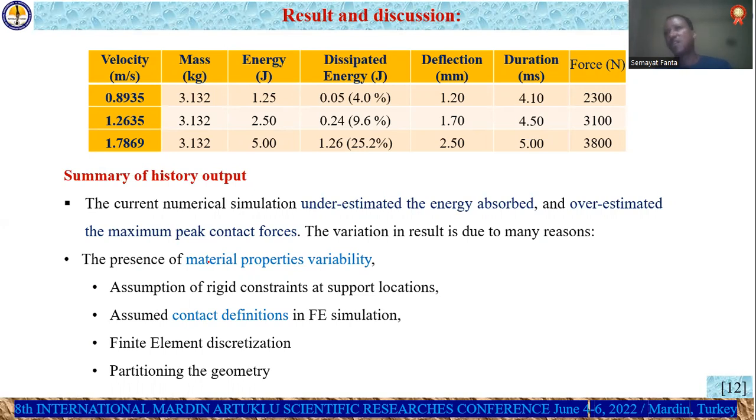We used the general contact algorithm, but it particularly needs different contact conditions, especially in the thin lamina and thin interface, so it needs a different contact mechanism. The finite element discretization and the partition of geometry for mesh refinement purposes is another cause.